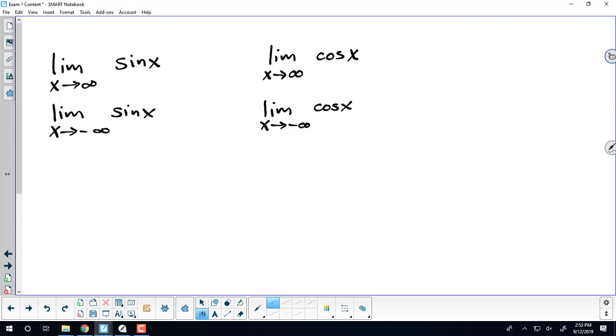So what do we know, or what can we say about those limits? They don't exist. It's in between 1 and -1.